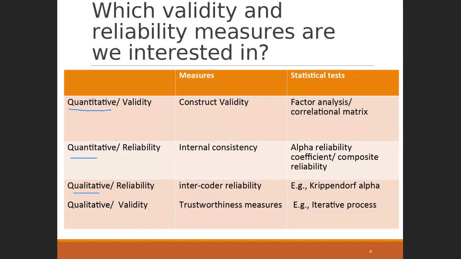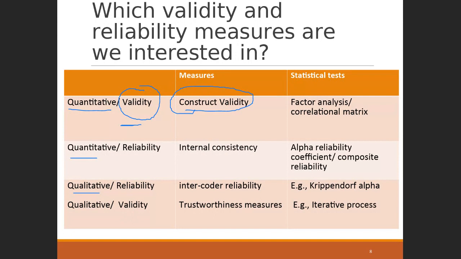For instance, if you are going for quantitative research, the most appropriate validity method which we use is construct validity, because we are very interested to see whether our questionnaire, our instrument, is measuring the concept which it is intended to measure.